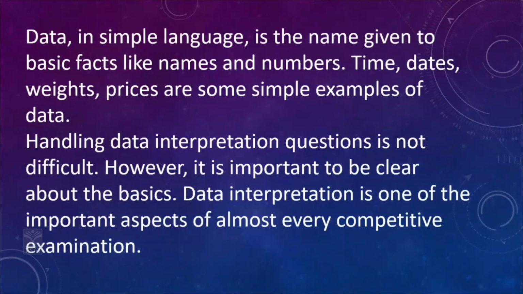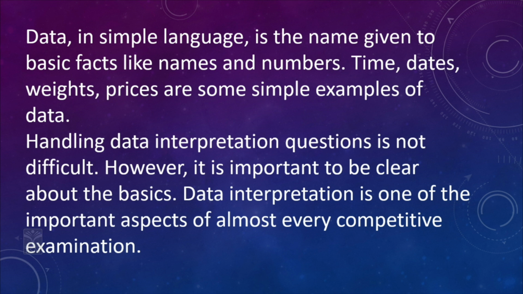Before going to know all these things, we will discuss what data is. Data, in simple language, is a name given to basic facts like names and numbers. Time, date, weights, price, all are simple examples of data. There are two kinds of data: raw data and grouped data.